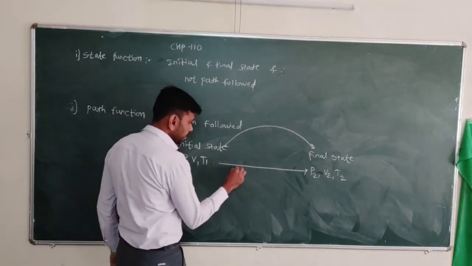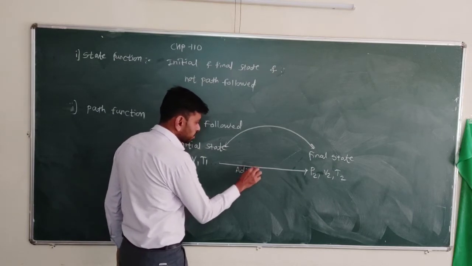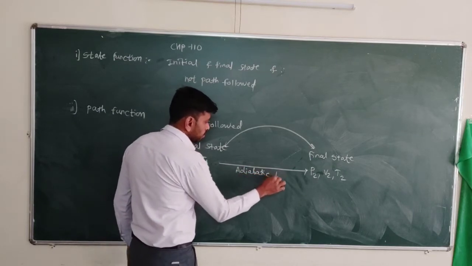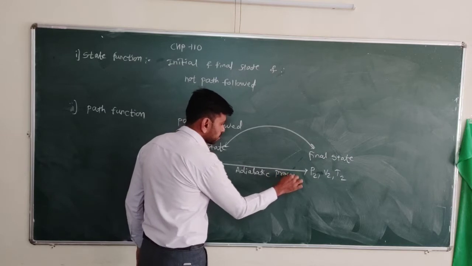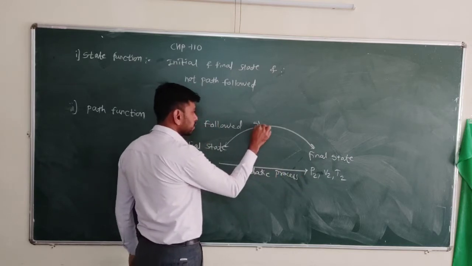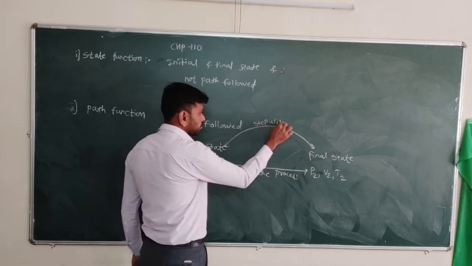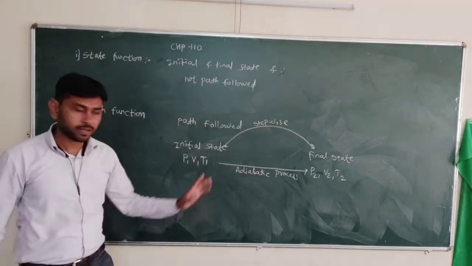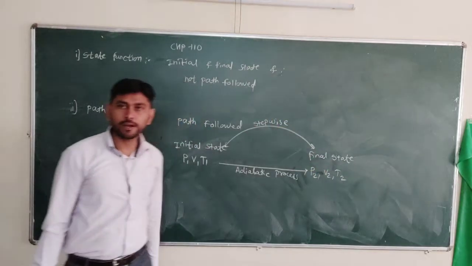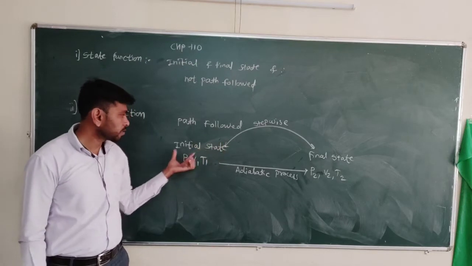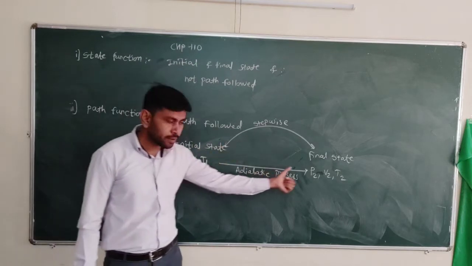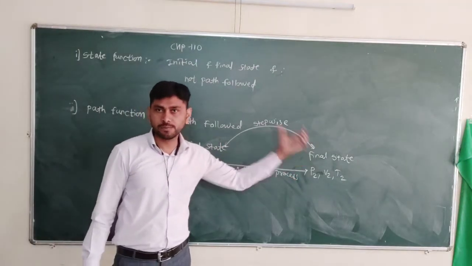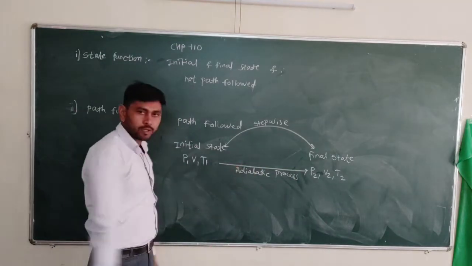First, by an adiabatic process, and second, stepwise. Two paths are there to reach the final state from the initial state, by an adiabatic process and by stepwise. We know what an adiabatic process is.